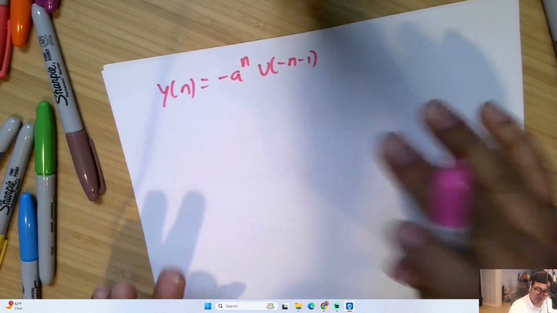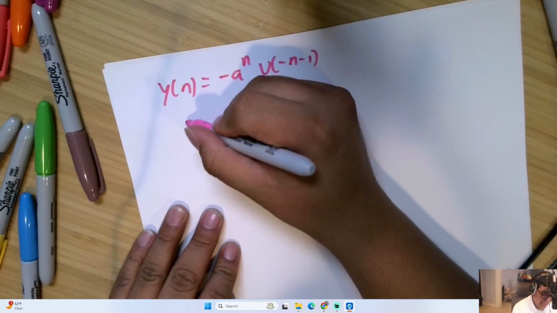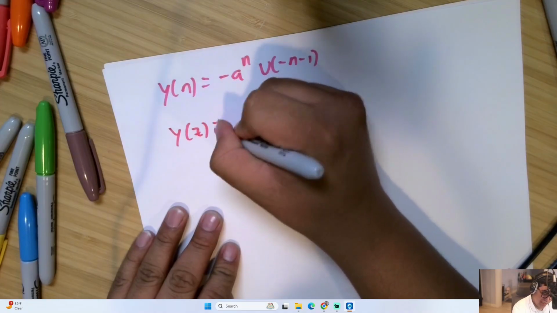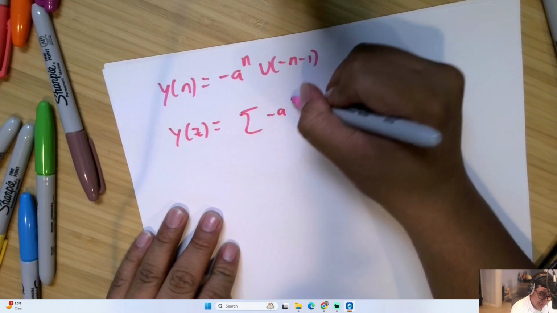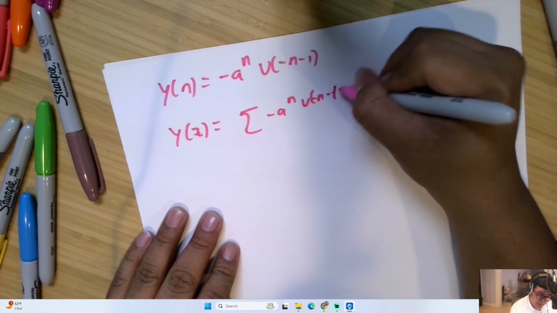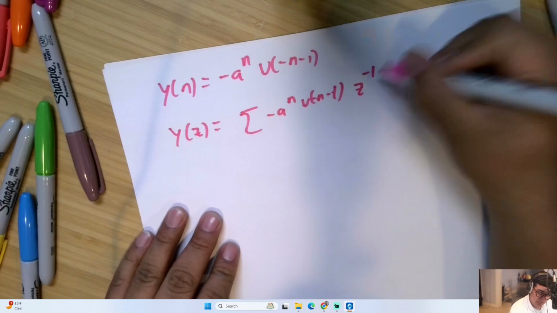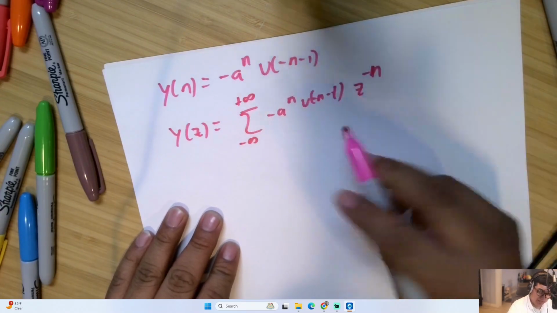So if he does this to you, you're cooked. I'm just kidding. Y of z is the sum from n equals minus infinity to plus infinity of minus a to the n, u of minus n minus 1, times z to the minus n.